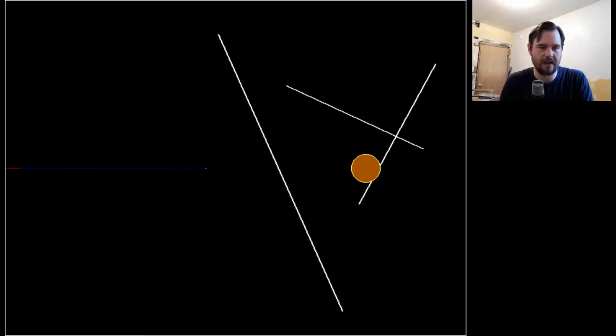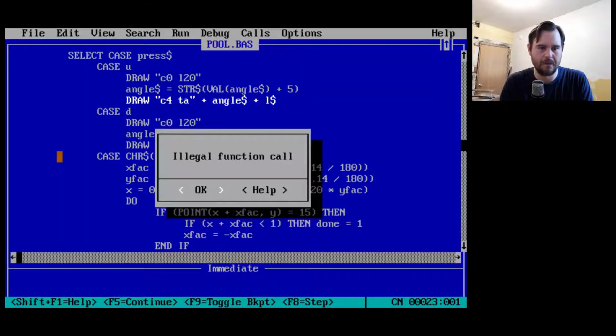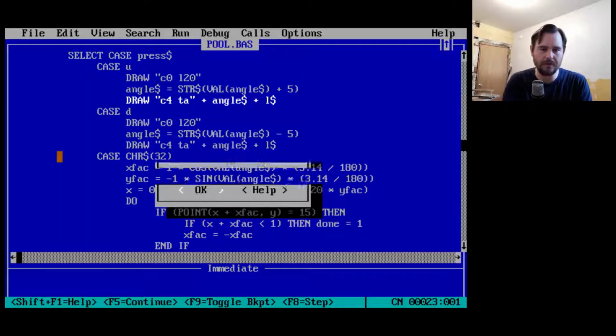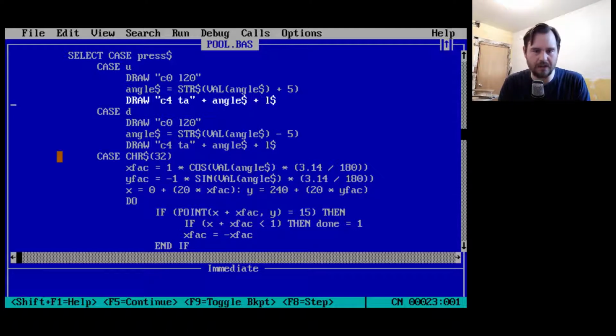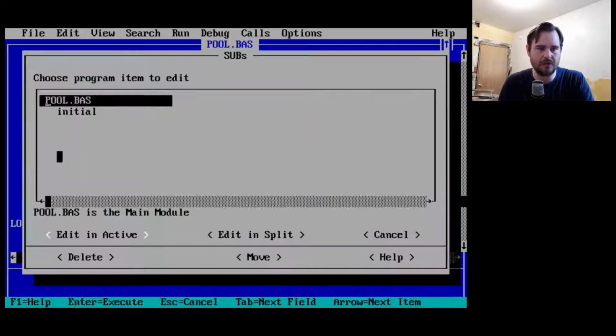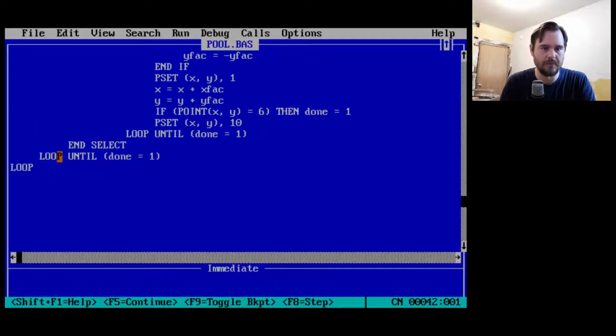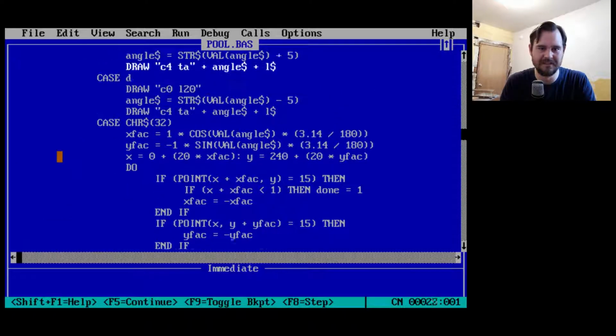I press up and I get this illegal function call. I press down and I get the illegal function call. And I press space and I shoot, but I can't... Well, that sucks. Okay.